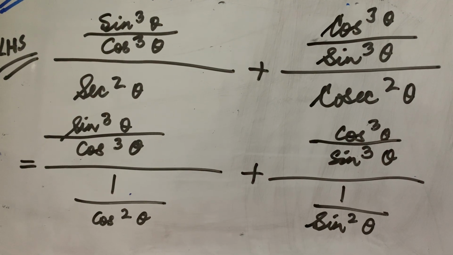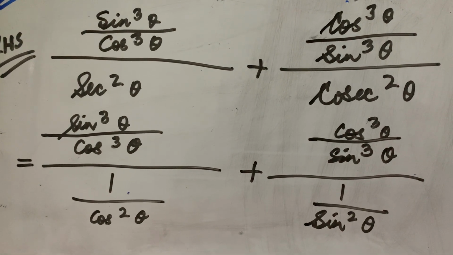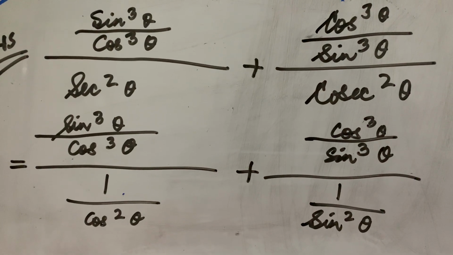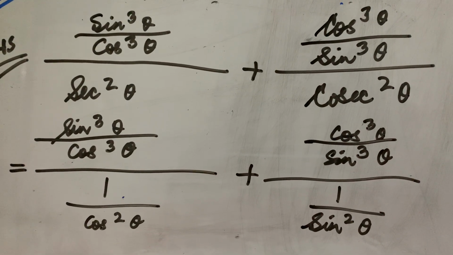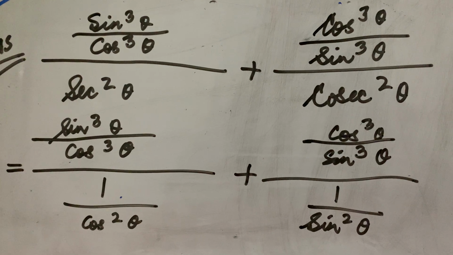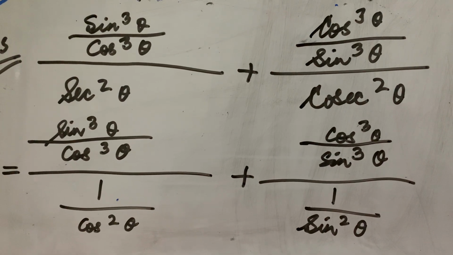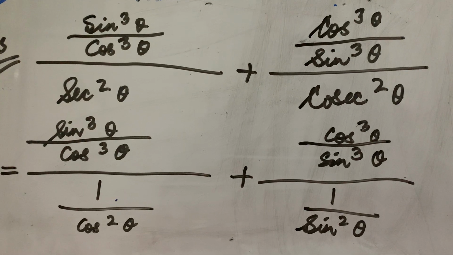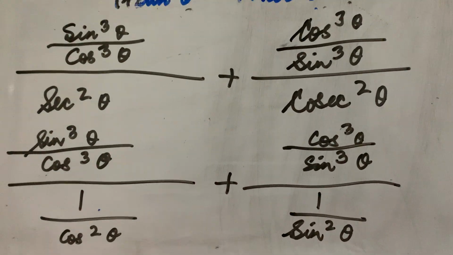So sec square theta will be equal to 1 by cos square theta. And what is cosec theta? Cosec theta is 1 by sin theta, so cosec square theta will be 1 by sin square theta.